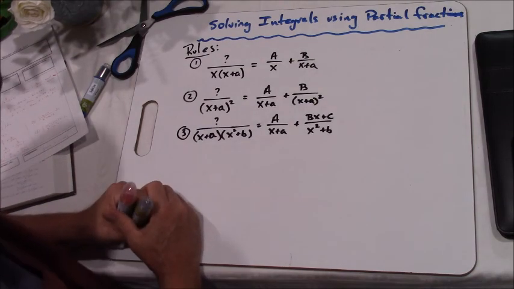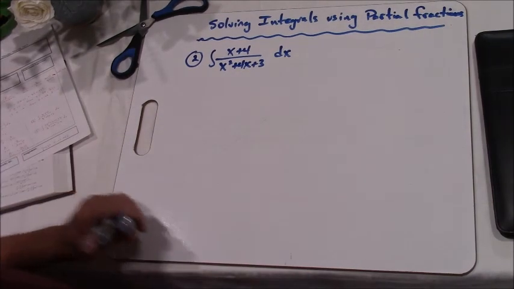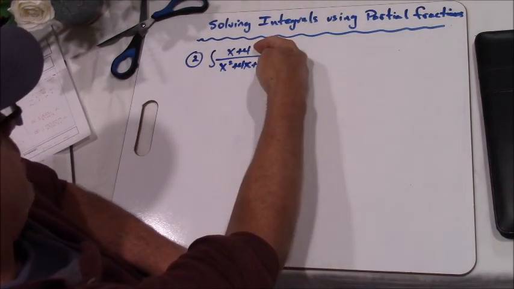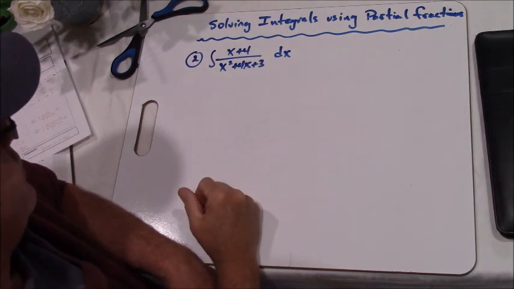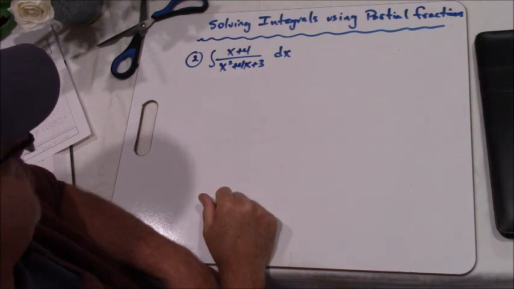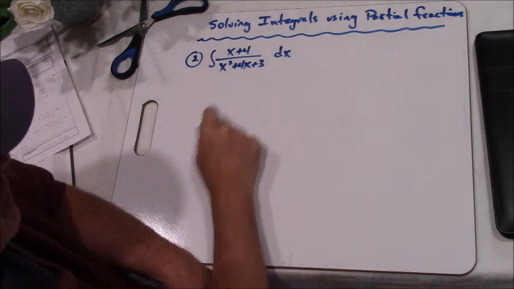And let's try another problem. All right, so this is kind of similar to the first one, although my numerator is a little bit different. And so I still need to go ahead and factor this and then break this down into 2 separate fractions. So you guys go ahead and give that a shot.